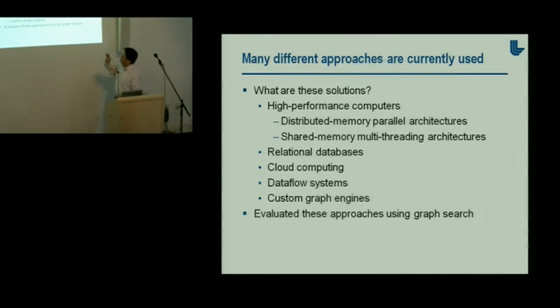We evaluated all these different platforms and programming models using different graph algorithms. But in this talk, I'll mainly focus on graph search, because it is the computationally least expensive, and that's why we were able to run graph search on all these different platforms.